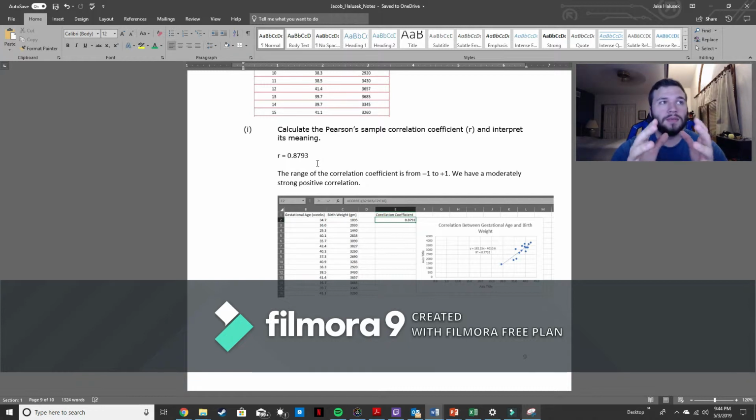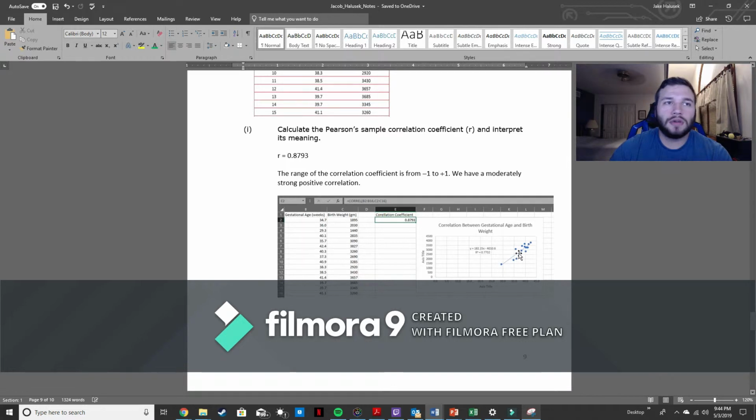The range of the correlation coefficient is from -1 to +1, with -1 being strong in a negative pattern, so going down, and +1 being strong and going up. We have 0.8793, which is moderately strong, and it's a positive correlation as well.